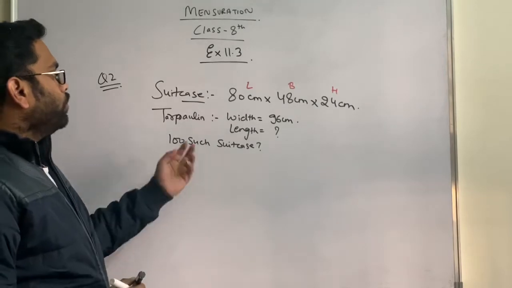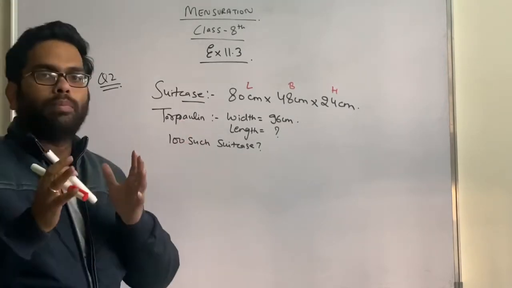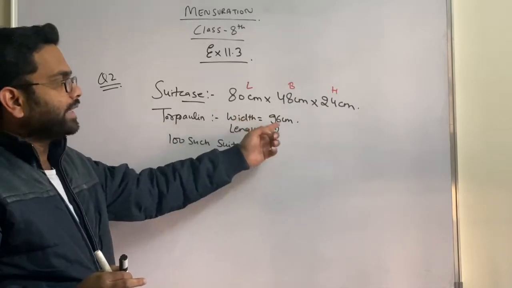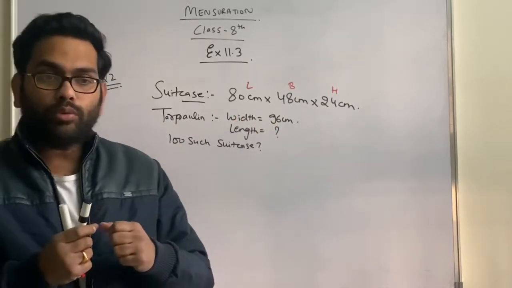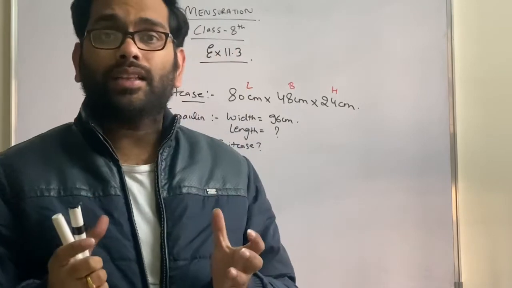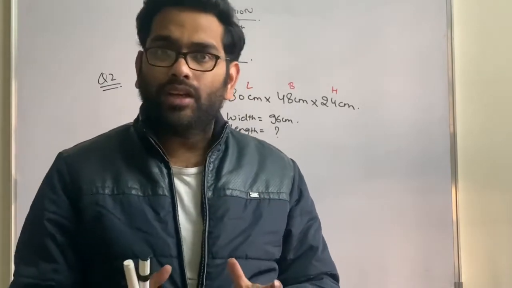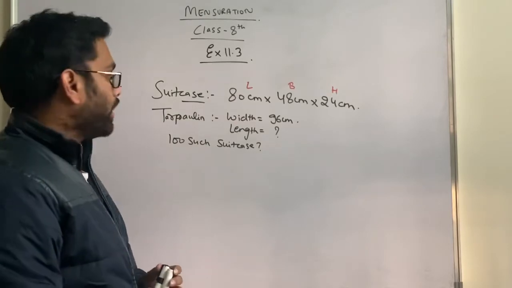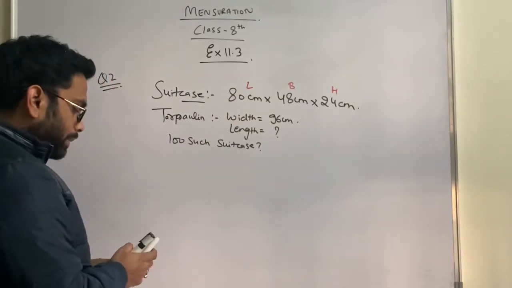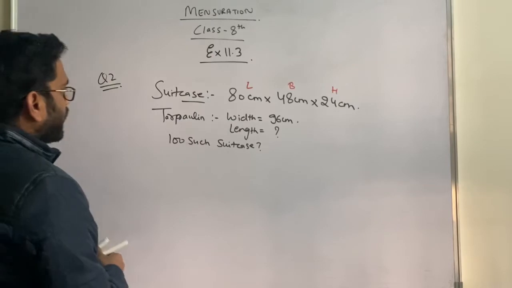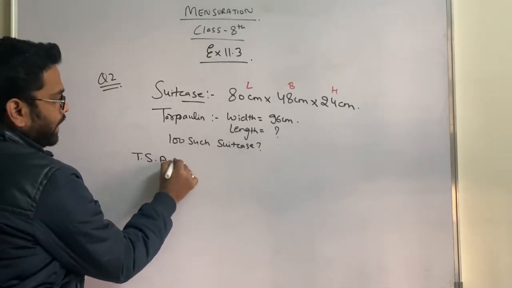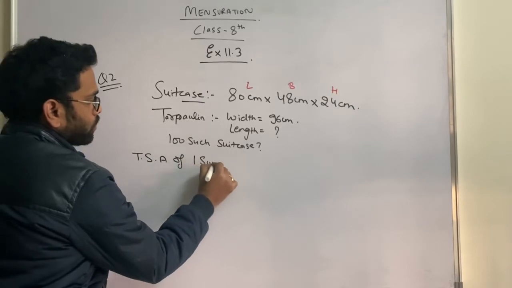You have to buy tarpaulin whose width is 96 centimeter, and you have to measure how much length of tarpaulin you need for such 100 suitcases. So first, let us find out the total surface area of one suitcase.